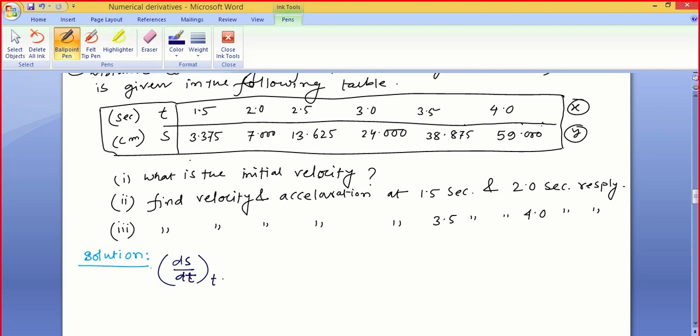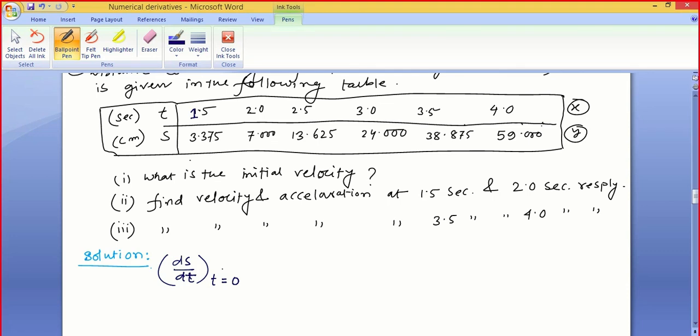Initial means starting time, t equals 0. Look at the given data set: is the s value at t equals 0 given or not? It is not given.